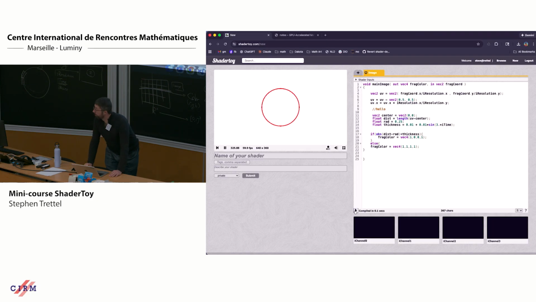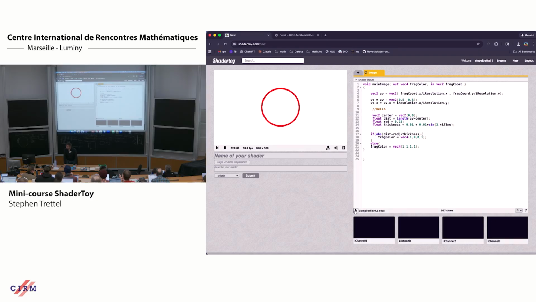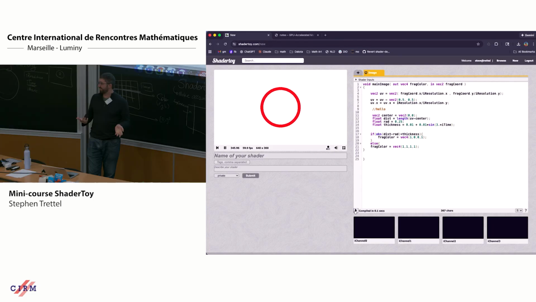Can you do logical operations, and, or? Oh, yes. Can you repeat my question? The question is, can you do logical operations like and, or, and not? And yes, you can.